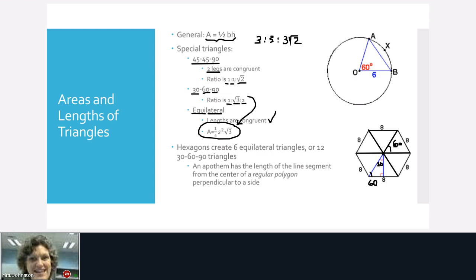Now, another word that was introduced to you is apothem. The apothem is the length of the line segment from the center of a regular polygon perpendicular to the side.